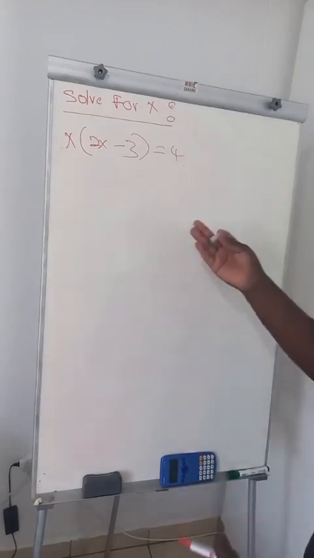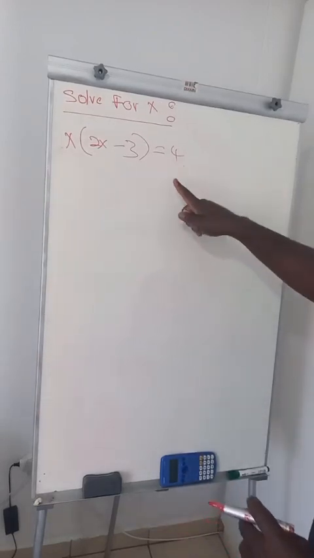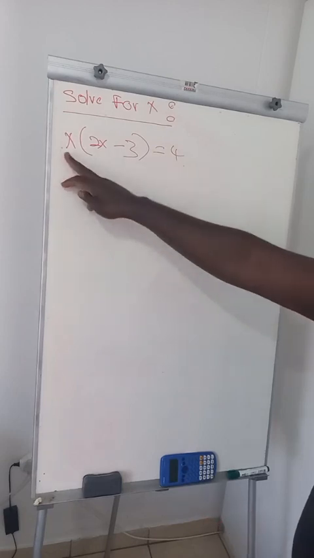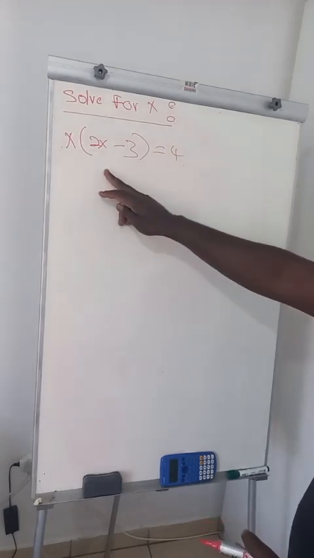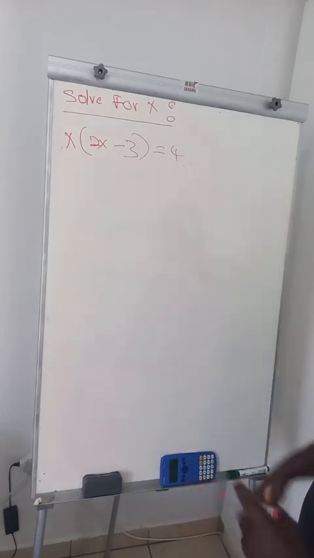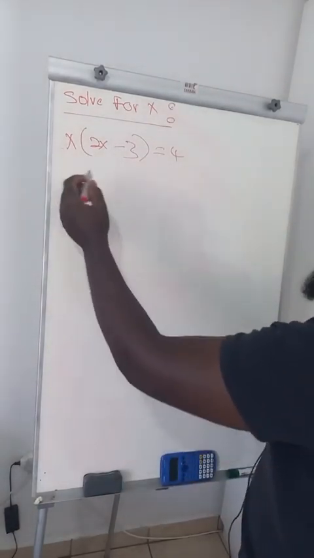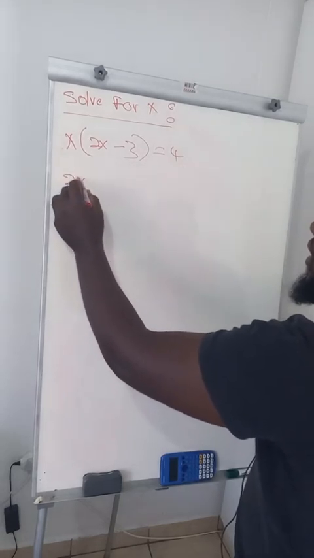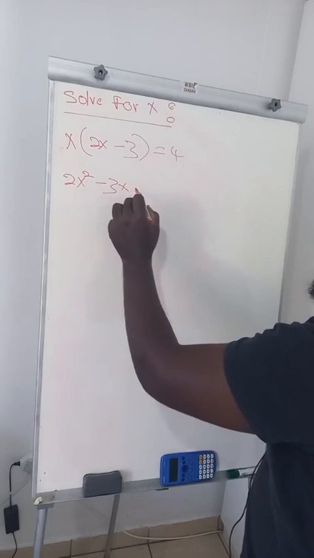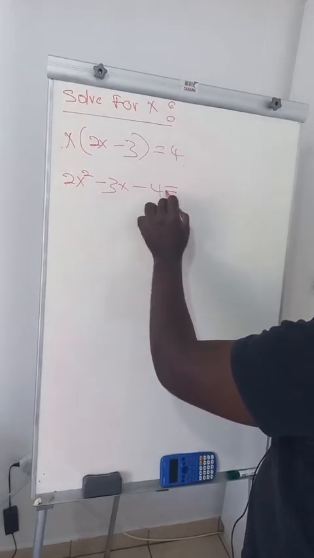So once you get something like this, because here you are having a 4, you need to first get the product of this and then rearrange this thing to be in a quadratic form or a quadratic expression. So you will have 2x squared and then minus 3x and then minus 4.